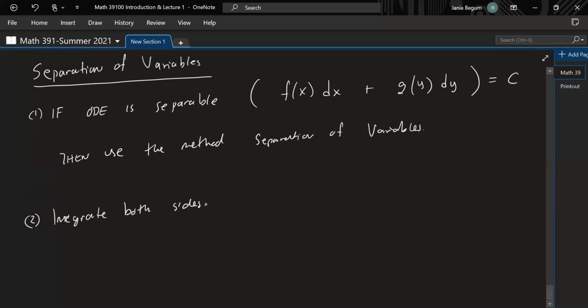Once you integrate both sides, you are going to have your solution, and you can write the solution in 2 different forms: either explicit form or implicit.